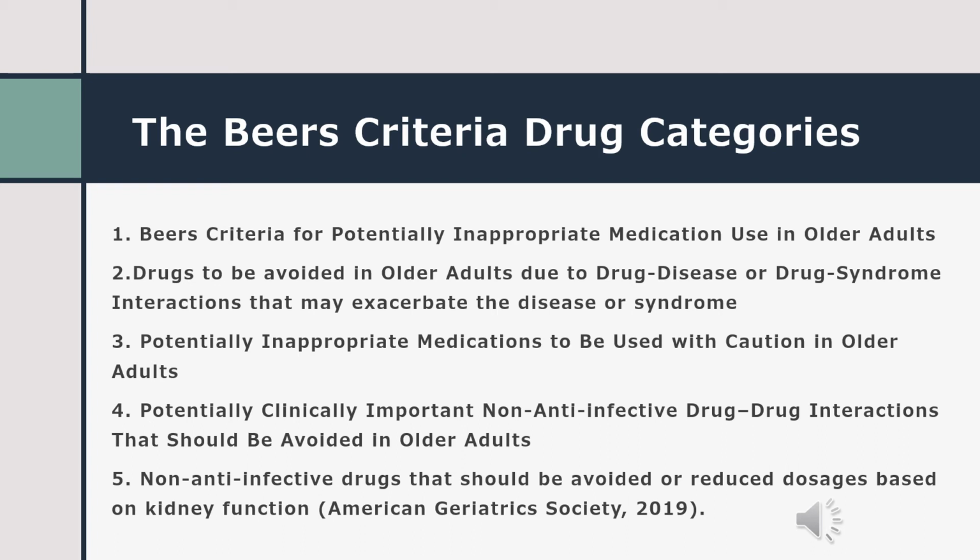So there's way too many to be listed in this PowerPoint, but to give you some of the categories in the Beers criteria: potentially inappropriate medication use in older adults; drugs to be avoided in older adults due to drug-disease or drug-syndrome interactions that may exacerbate a disease or a syndrome; potentially inappropriate medications to be used with caution in older adults; potentially clinically important non-anti-infective drug-drug interactions that should be avoided in older adults; and non-anti-infective drugs that should be avoided or have reduced dosages based on an elderly person's kidney function.